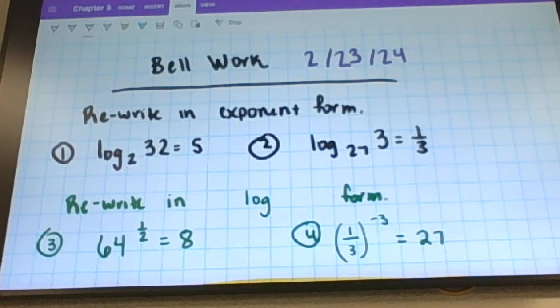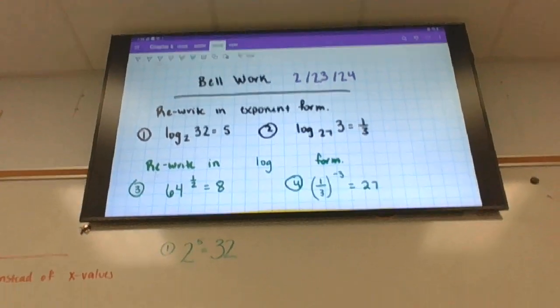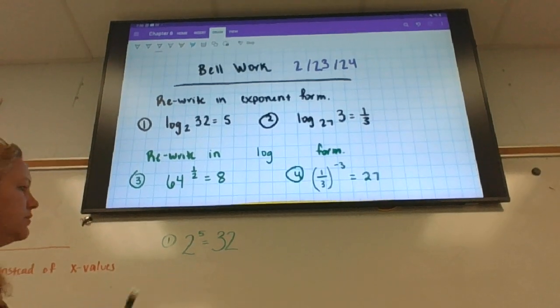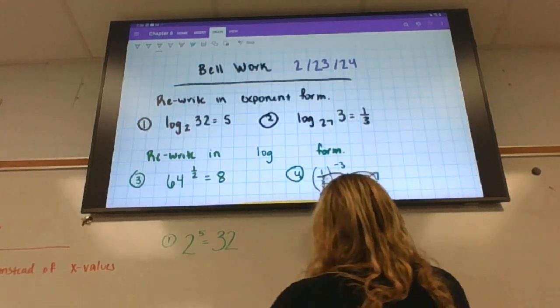Eventually you're going to get comfortable just doing it on your calculator as well. But for now, you should be able to rewrite it in exponential form, and you can check that in your calculator if you want. It is 2 to the 5th, actually 32. So rewriting it in exponential form, 2 to the 5th.